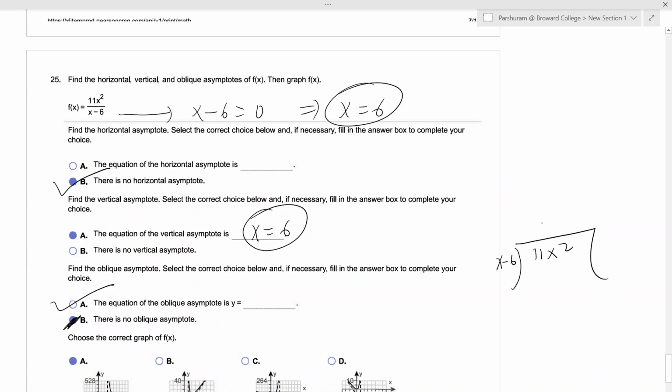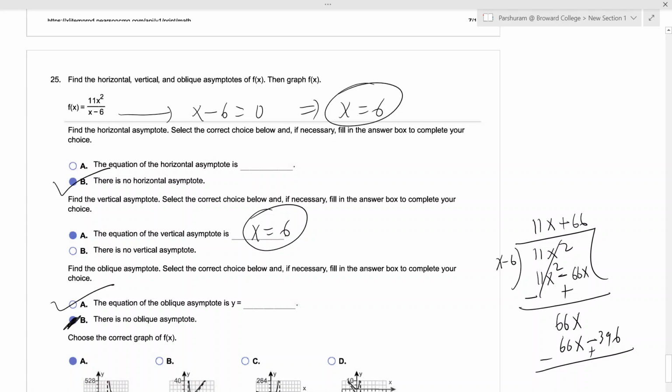So 11x gives me 11x squared minus 66x. I change the sign, so it's plus 66x. So now, minus 39.